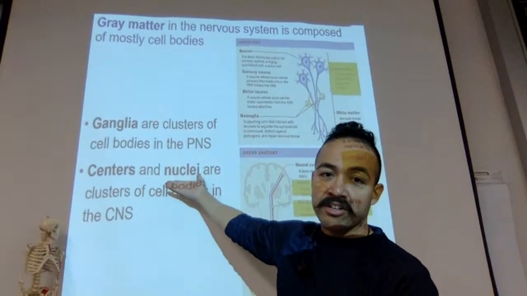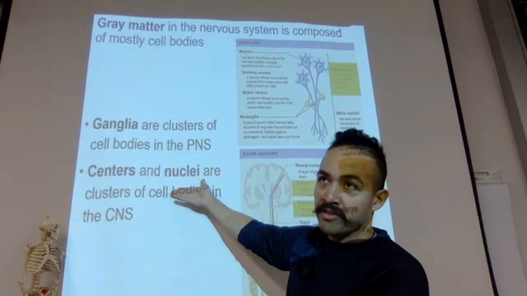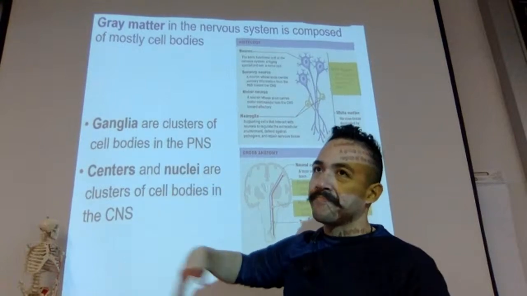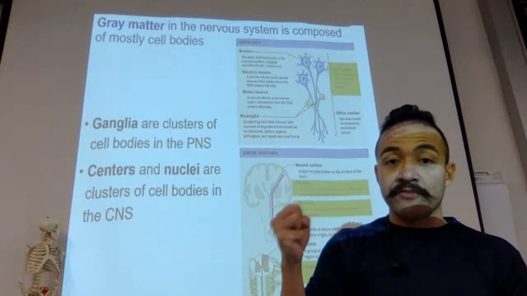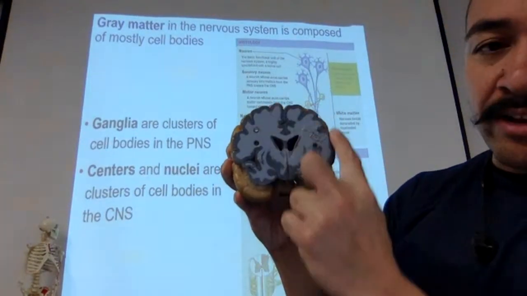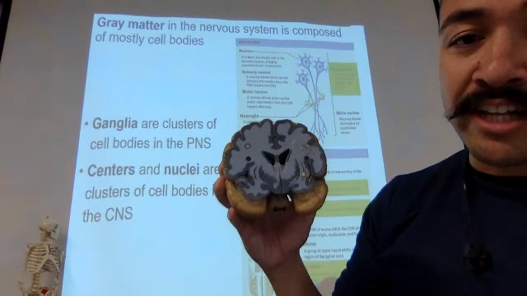All that term means is a centralized cluster of something. We've used this term to describe the thing where DNA is inside of cells. So you've got a cluster of neurons deeper in the brain, just not on the outside. The outside is cortex. If you have a cluster of gray matter on the inside, that's a nucleus or a center.